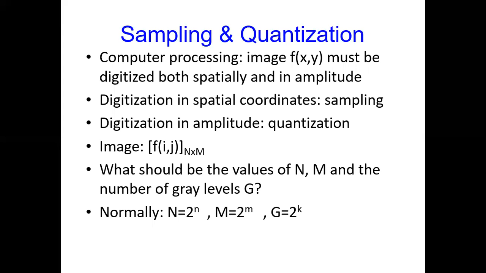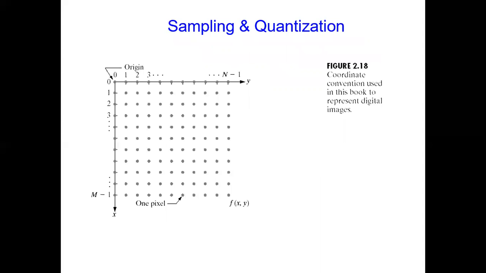Digitization of the spatial coordinates is called sampling, and digitization in amplitude is called quantization. The image is f(i,j) with respect to N times M. What should be the values of N and M and the number of gray levels G? Normally N is equal to 2 power n, M is equal to 2 power m, and G is equal to 2 power k, depending on the number of pixels.